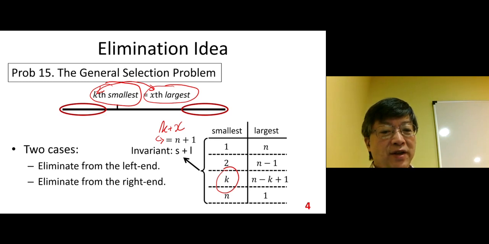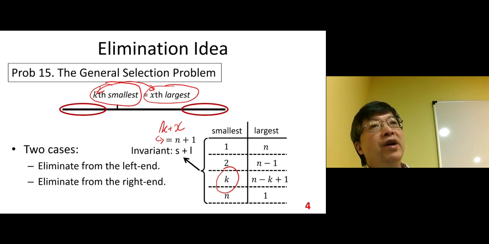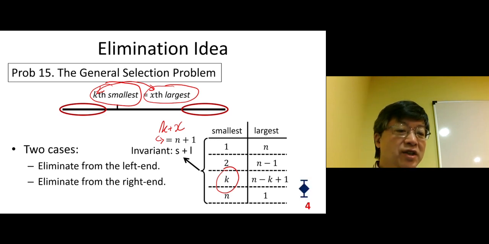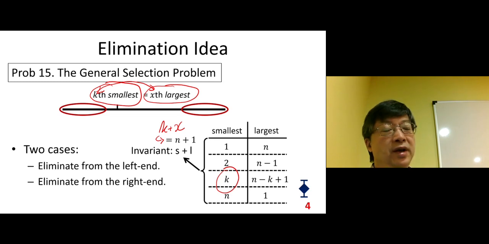In this way, we can view this problem from two different sides. Sometimes we need to use a different view, and that could help. So that's the introduction part. I stop at this point.